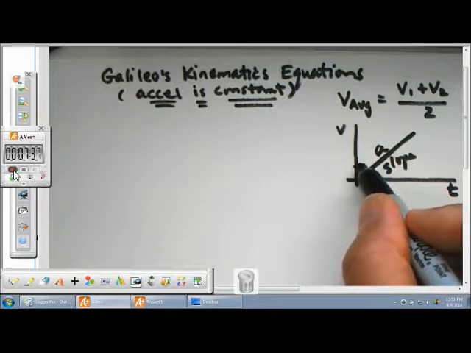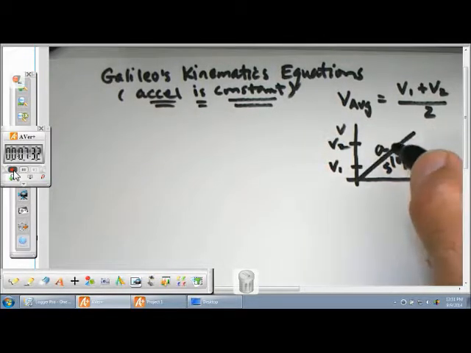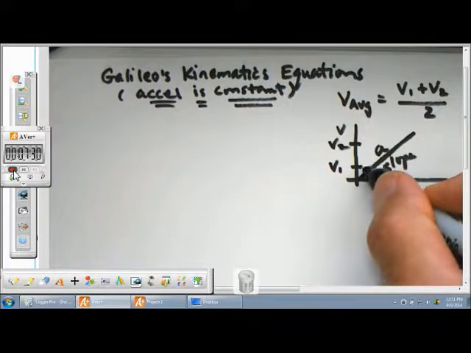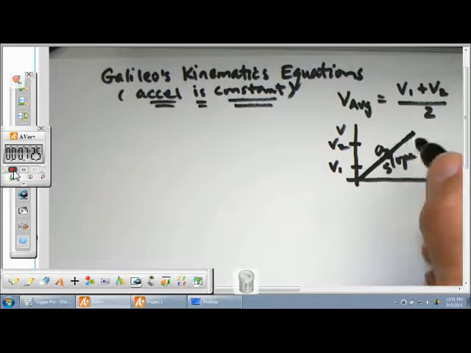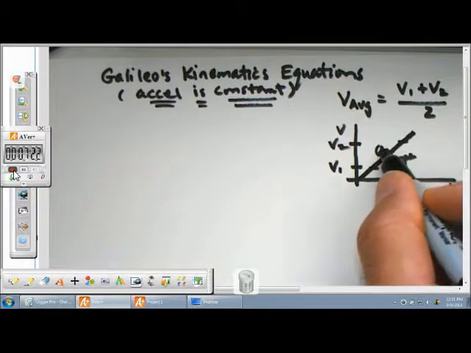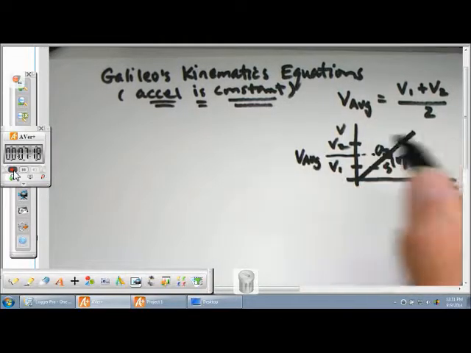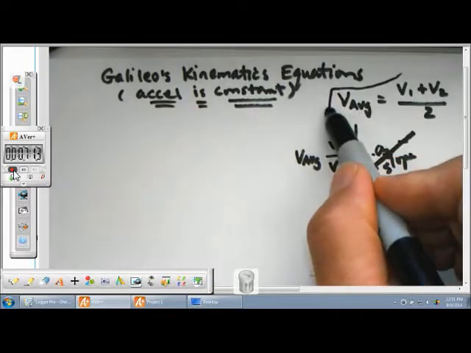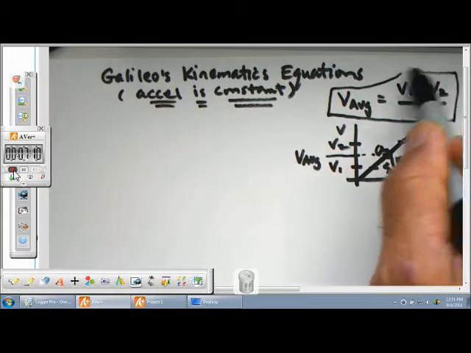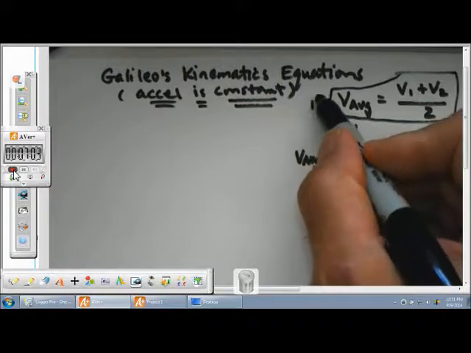If we take a v1 here and a v2 here, we can find the midpoint of those two because this is a straight line. We can find the midpoint of the section between here and here, extend that over, and that gives us the average velocity. So that's where this relationship comes from: v1 plus v2 over 2, average velocity. Okay? So we can call that equation 1.